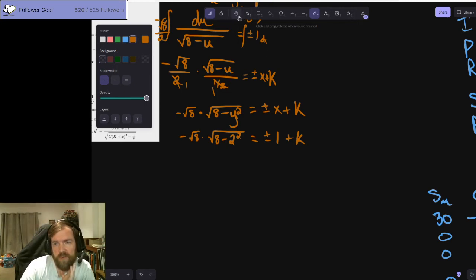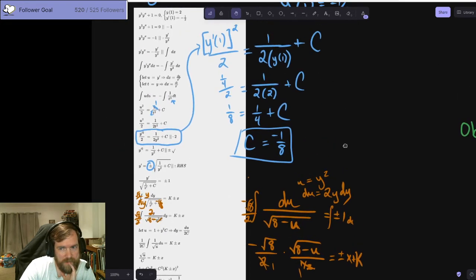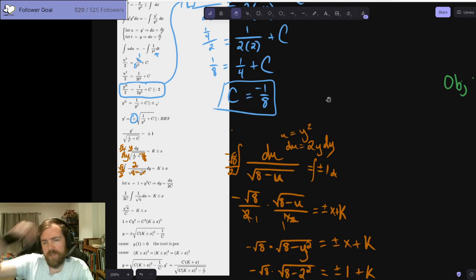The whole inside? Sure. The 8 is just a subtracted value, so clears out when you do du. If that's what you mean. Actually, is that off by a negative?